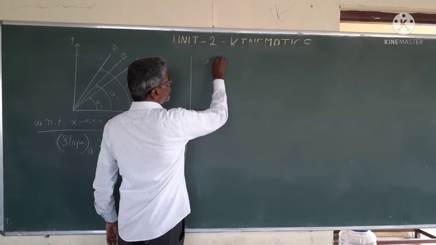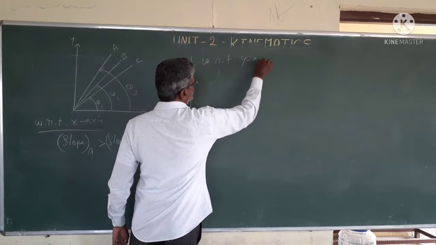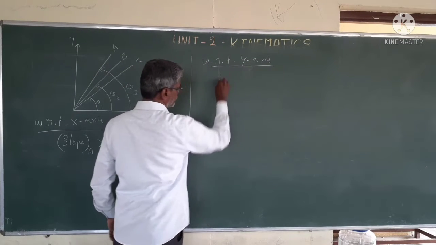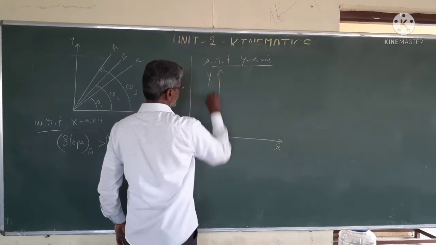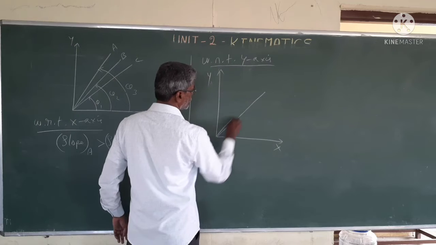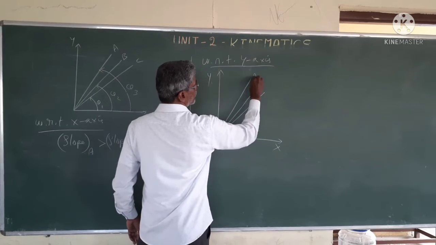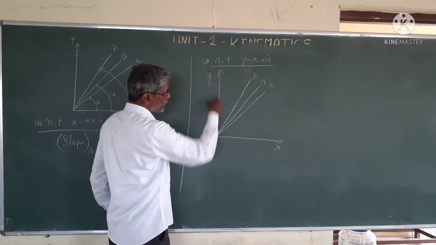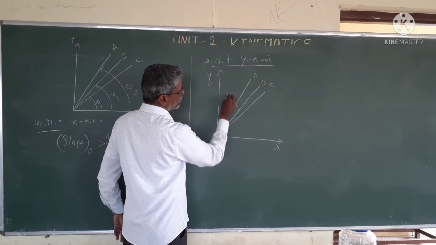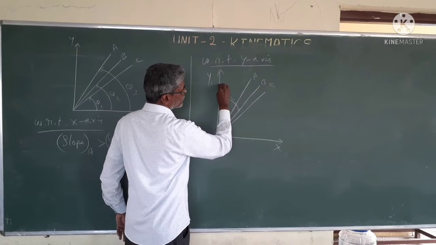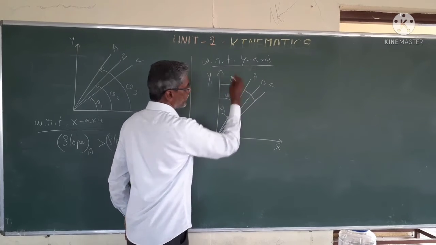Now we go to the y-axis. A, B, C with respect to the y-axis. So theta 1 will come this side, then theta 2, theta 3.